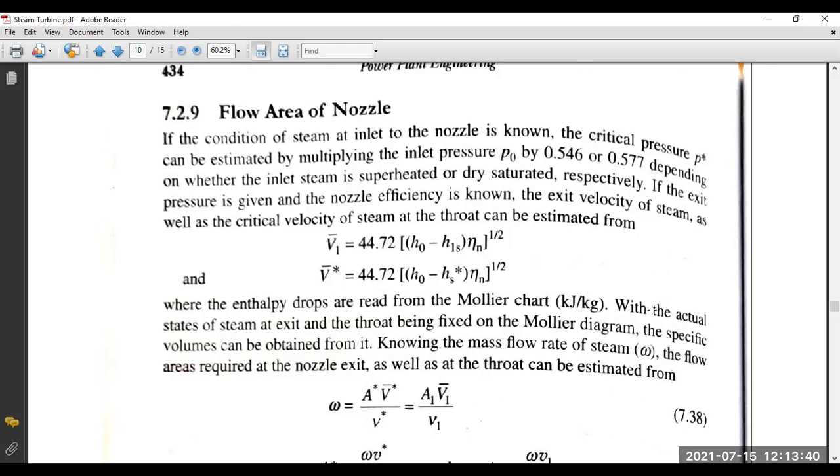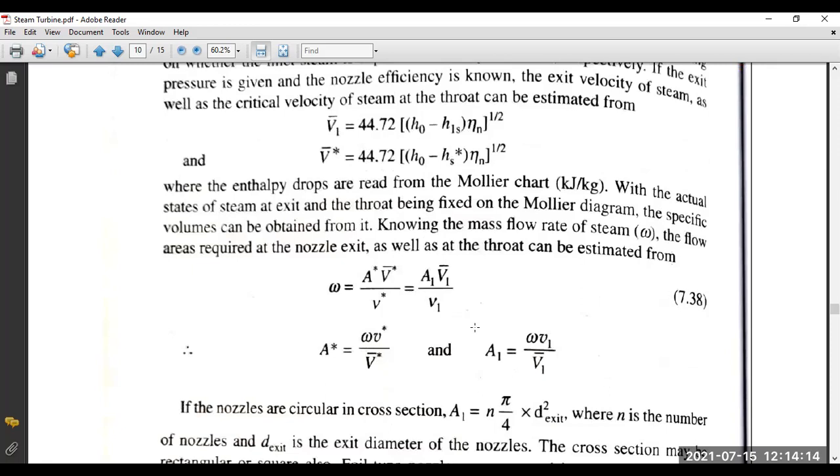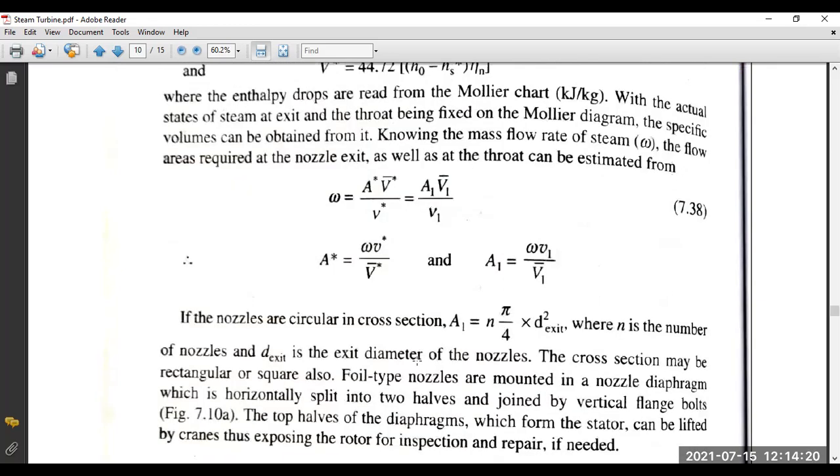Now, knowing the mass flow rate omega, the flow area required at the nozzle exit as well as at the throat can be estimated from omega = A*V*/v*. So the cross-section area at the critical point multiplied by the velocity at the critical point, divided by the specific volume. Similarly, omega = A1V1/v1.